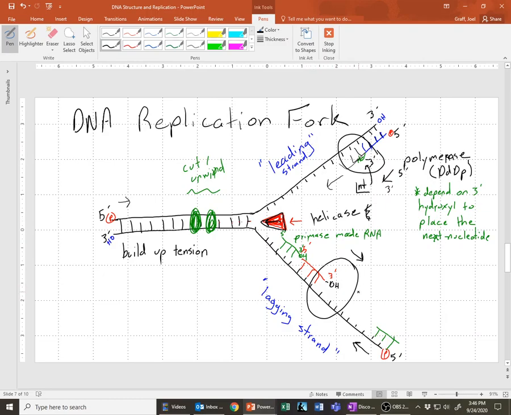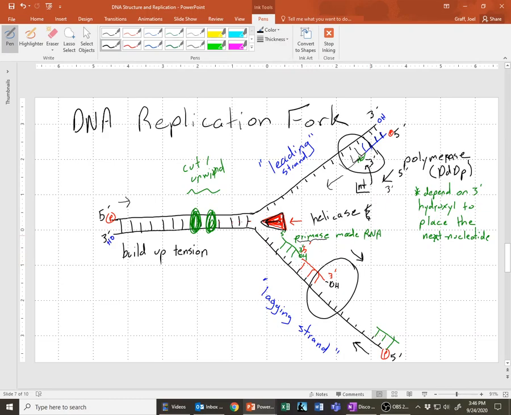The lagging strand is difficult because we need a 3' hydroxyl, and if there was no nucleic acid on this second strand, there would be no 3' hydroxyl to start building off of. There's another enzyme called a primase, and it comes in and it occasionally makes stretches of RNA that match up with the DNA.